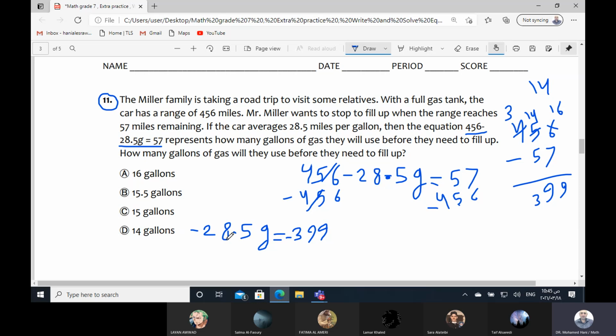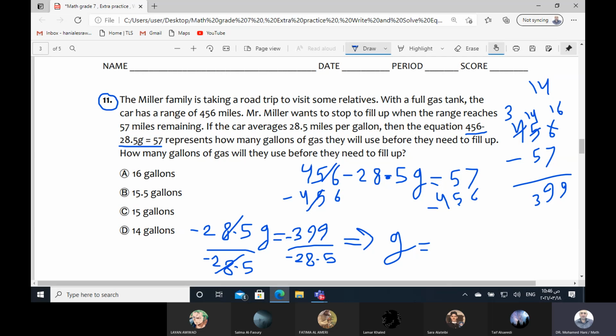Then remove the coefficient, divide the two sides by minus 28.5. Minus 28.5 divided by minus 28.5 will be 1, so G equals, negative divided by negative means we have positive.